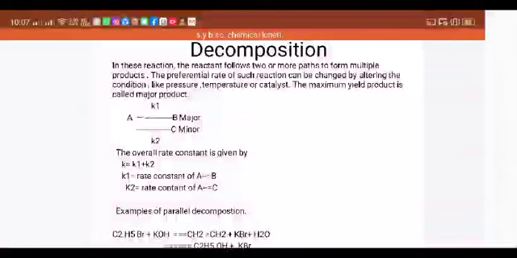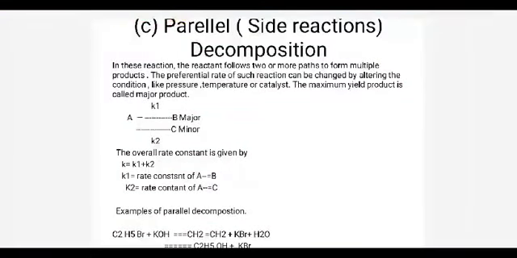decomposition. In this reaction, the reactant follows two or more paths to form multiple products. The preferential rate of such reaction can be changed by altering the condition like pressure, temperature or catalyst. The maximum yield product is A equal to B, minor product is formed.